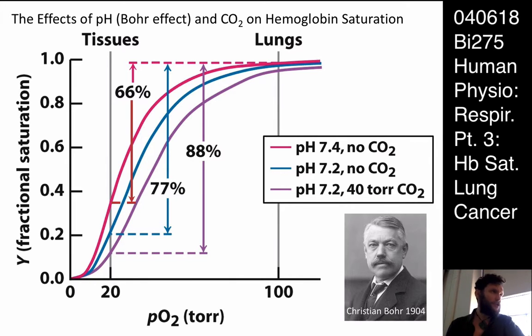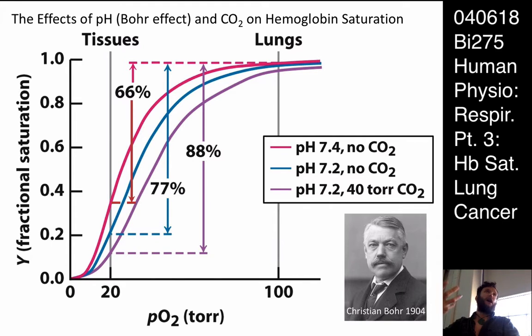So this should also make sense. As carbon dioxide concentration goes up, the more carbon dioxide, the more the hemoglobin is going to favor the T state and want to unload oxygen. All right, it's going to want to unload oxygen because it's at the peripheral tissues.